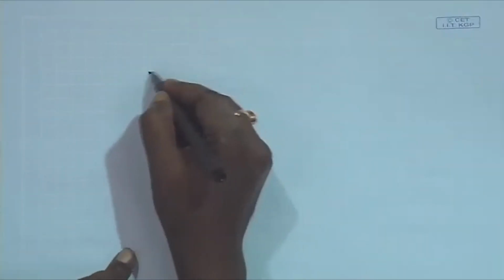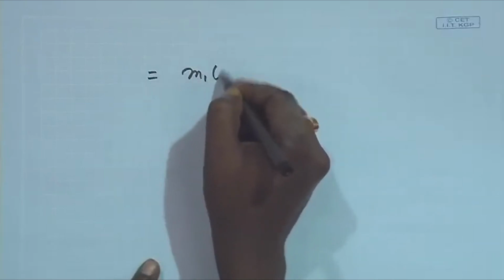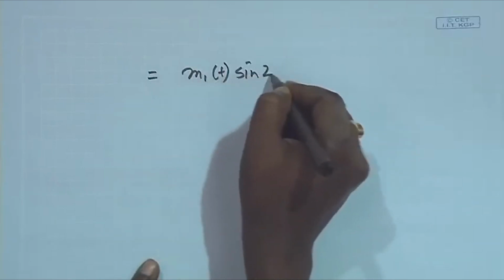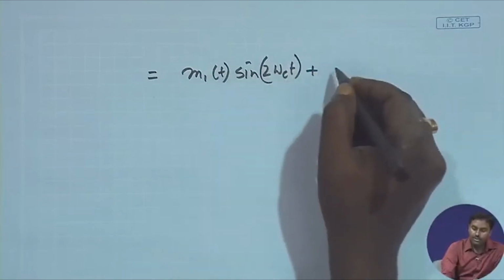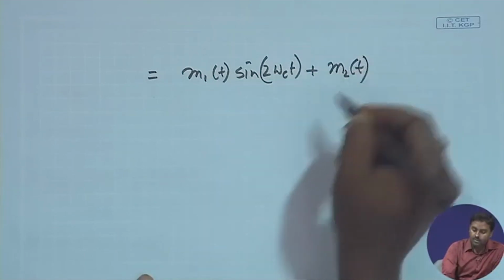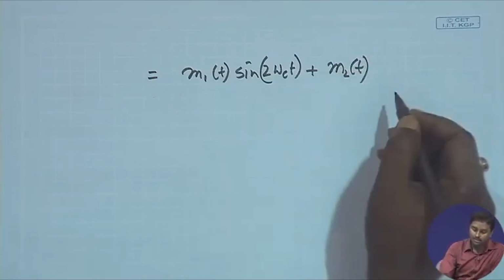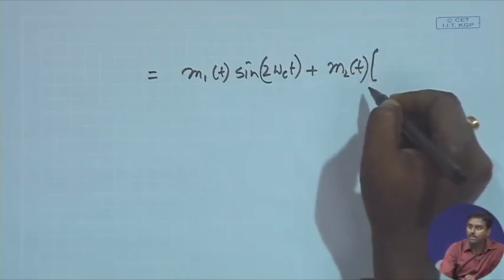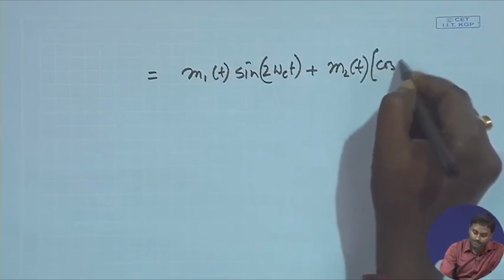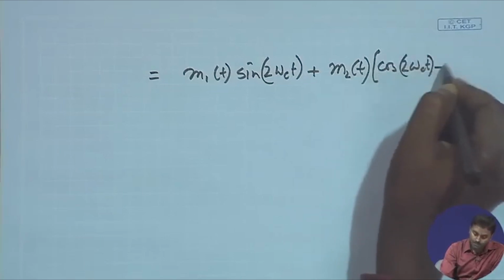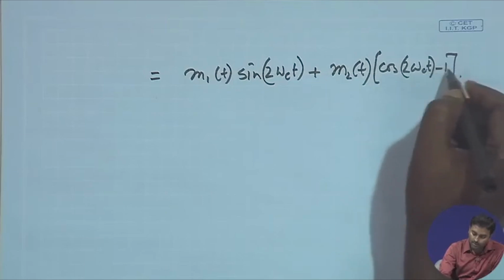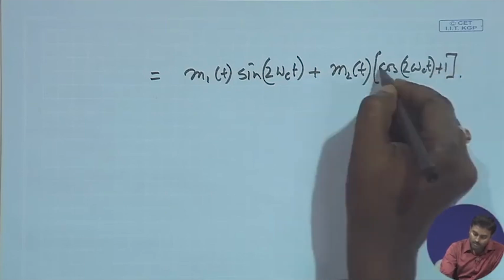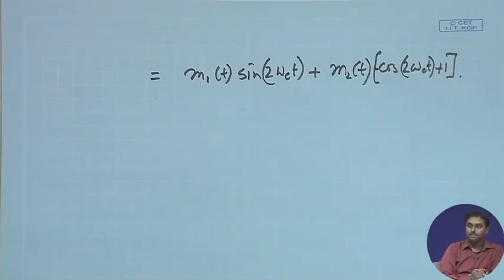The first term is now becoming m1(t) sin 2ωct, and then it should be m2(t) into 2 sin squared, that is actually 1 minus cos 2ωct.